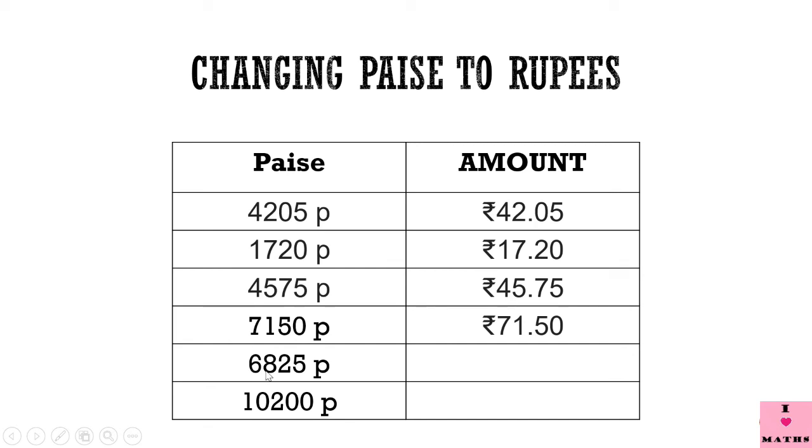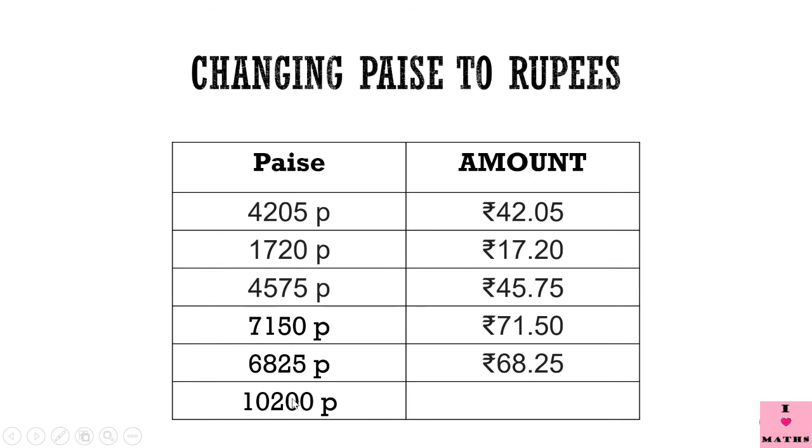Similarly, 6,825 paise. We will leave ones and tens place and we will put a point here. So this money is rupees 68 and 25 paise. 10,200 paise.